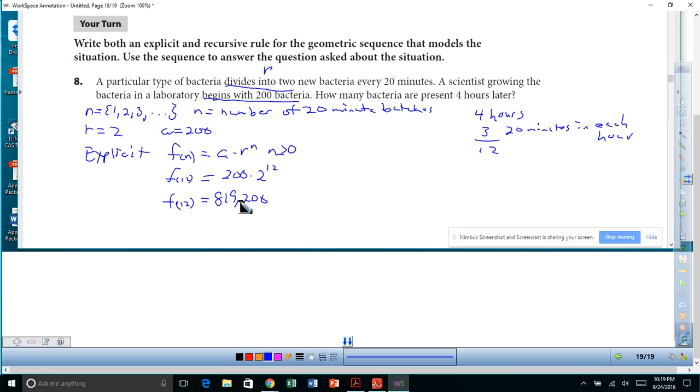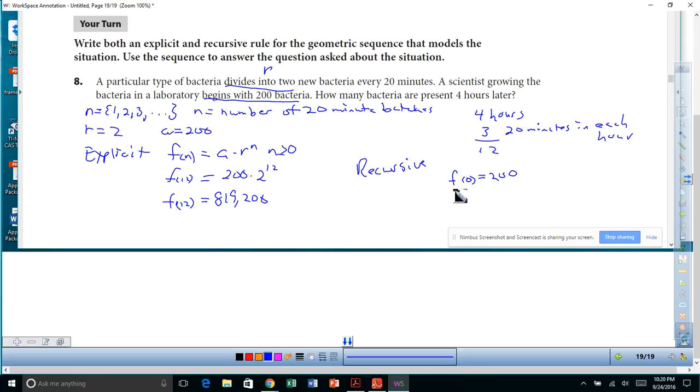Now, how would we do that recursively? I think we'll just do the recursive formula. So we're going to have F of 0 is 200. At time 0, we had 200.